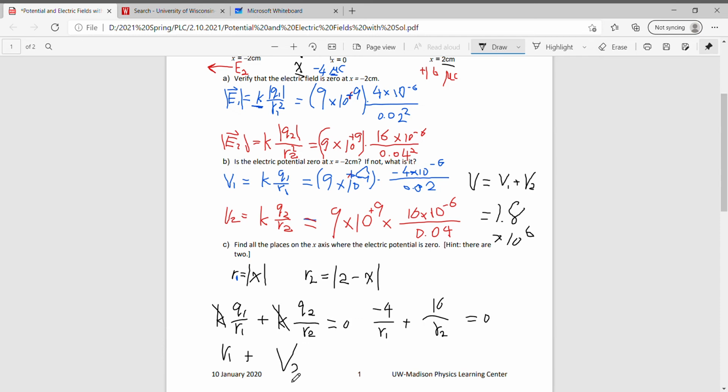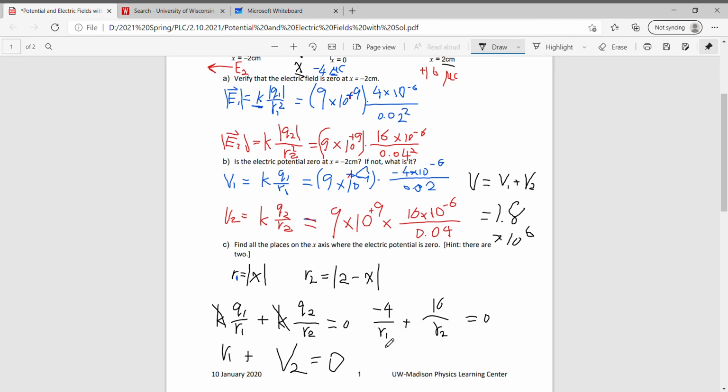V1 plus V2 equals 0, and we cancel out K, so it's Q1 over R1 plus Q2 over R2 equals 0. We insert the values, so it's minus 4 over R1 plus 16 over R2 equals 0.